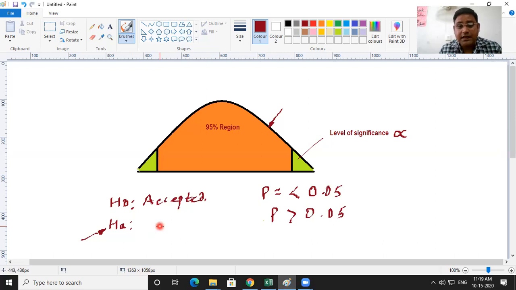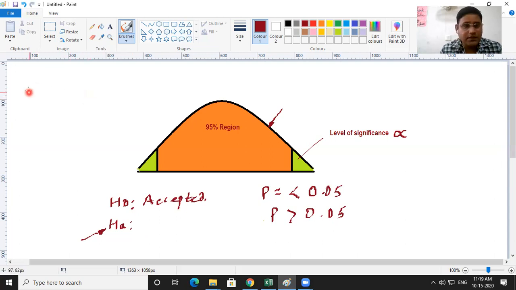We will say that we do not have strong evidence to reject null hypothesis. Getting the difference? We are not saying that our null hypothesis is accepted. We are saying we do not have strong enough evidence to reject null hypothesis.